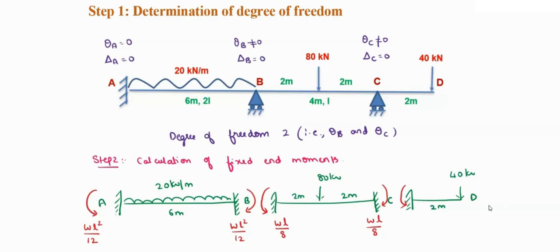This is an end moment that is going to be developed at this portion. That end moment, I am going to take as MCD. It is hogging in nature, so that is minus, which is in anti-clockwise direction. So minus 40 into 2, that will be equal to minus 80 kilonewton meter.